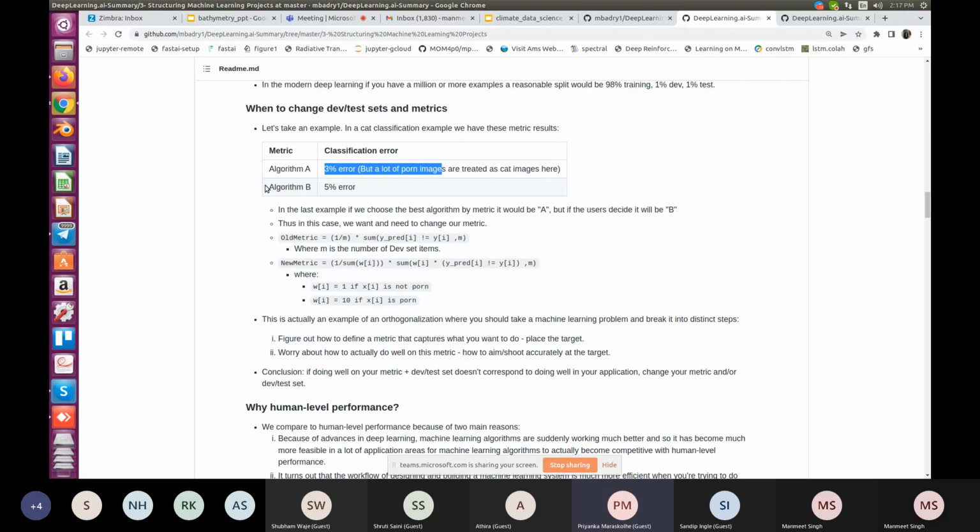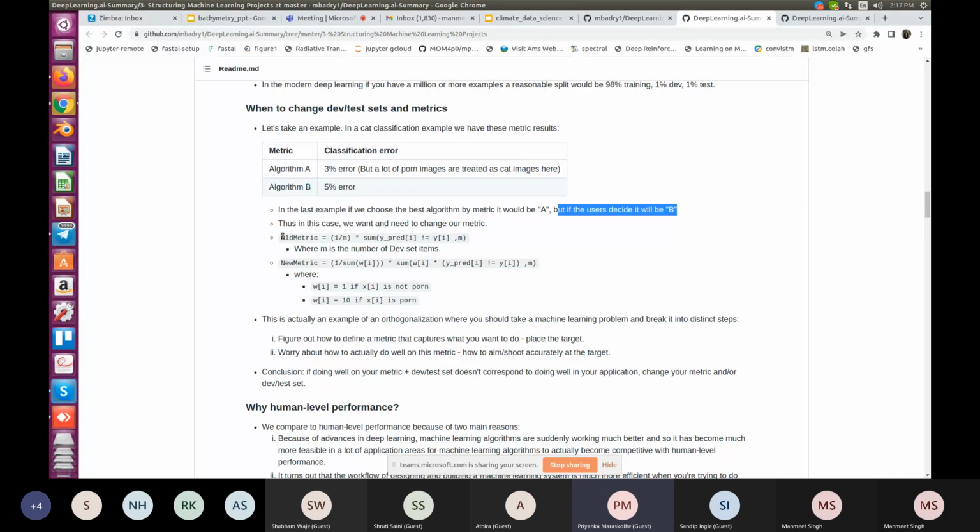And algorithm B has a 5% error. So which algorithm would you consider to be good? If you choose the best algorithm by metric, it would be A, but if the users decide, it would be B. And thus in this case you should change your metric.